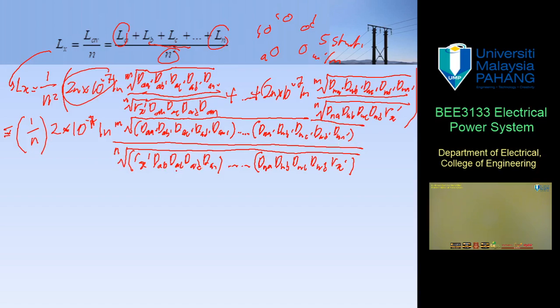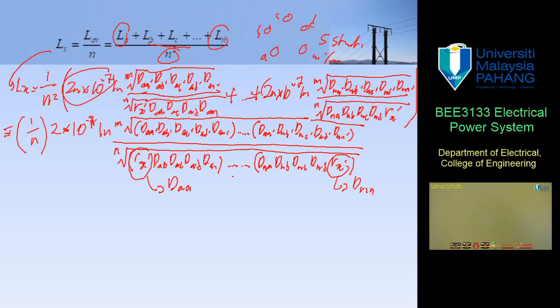But here, there's an assumption that we need to make. The Rx1 will, for this case, become DAA for better simplification. For this case, it will become DNN.